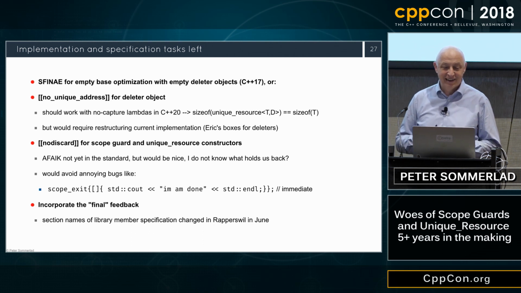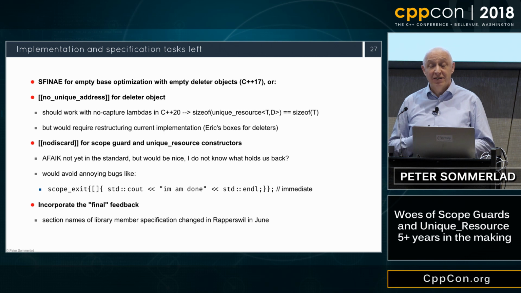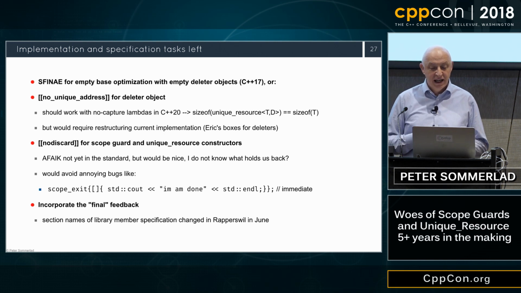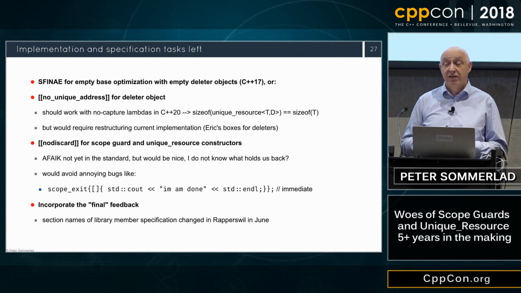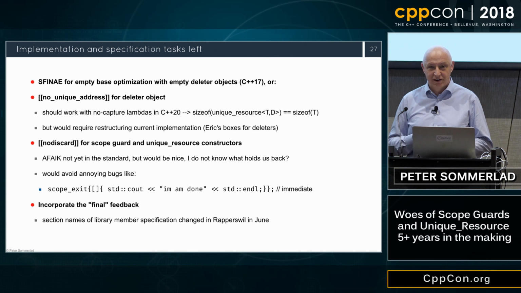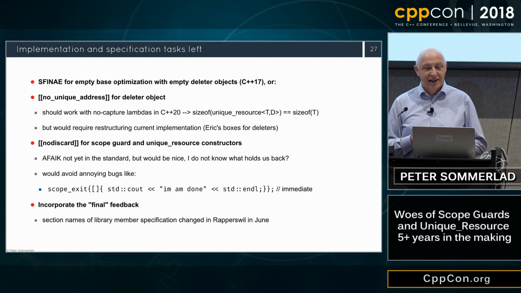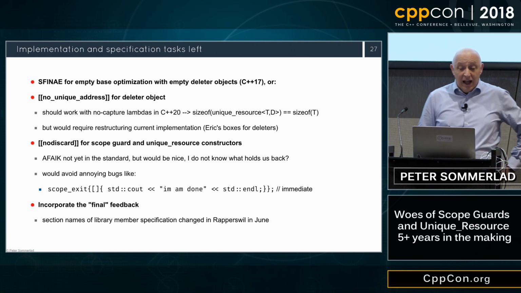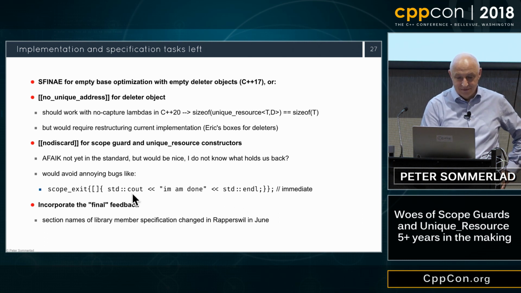At least that's my take today. Nodiscard: we cannot use nodiscard on constructors, which is a pity, because especially the unique resource and the scope guards, you want to have nodiscard on the constructor, because if you don't declare a local variable, it's like immediately calling the lambda or the deleter function. That's not what you want to do.